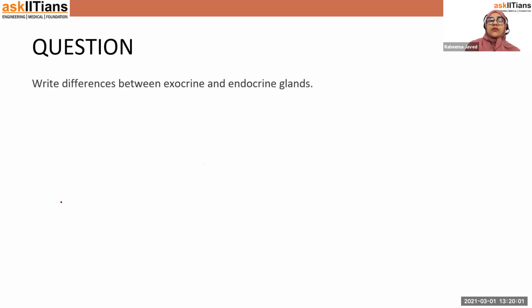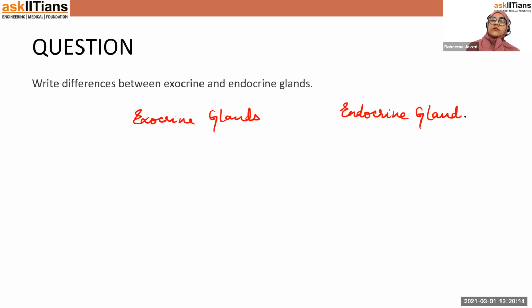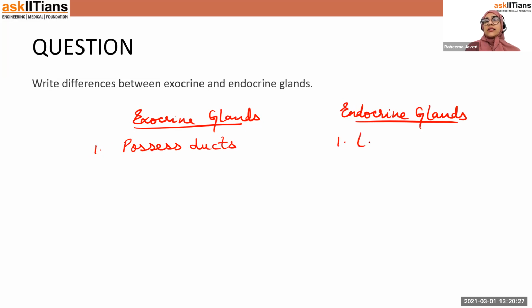Then we have, write differences between exocrine and endocrine glands. So I'm going to make two columns. Exocrine glands possess ducts. Endocrine glands lack ducts; they are ductless glands.